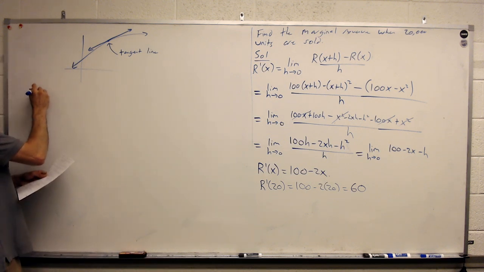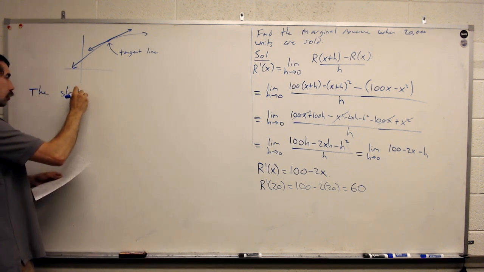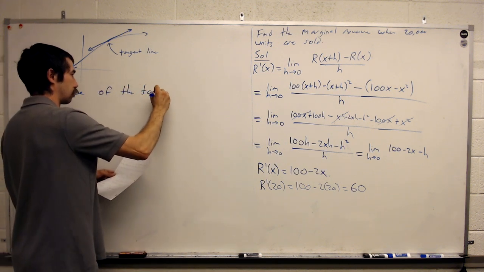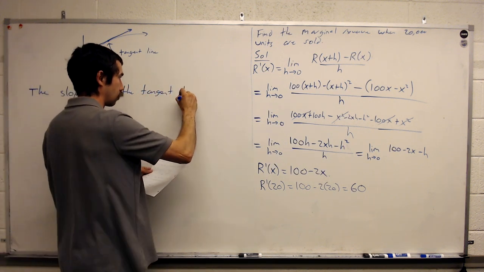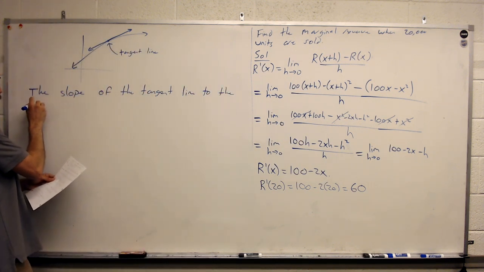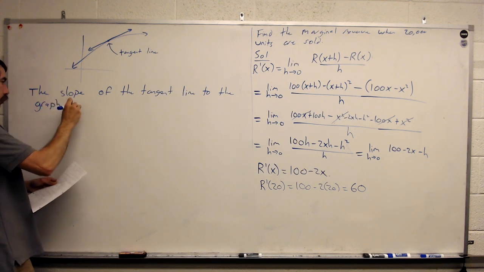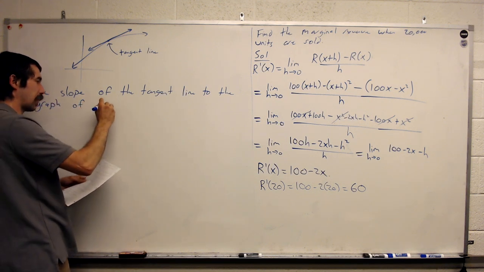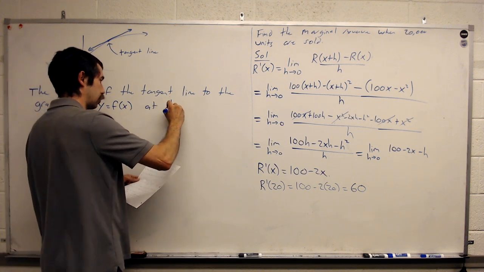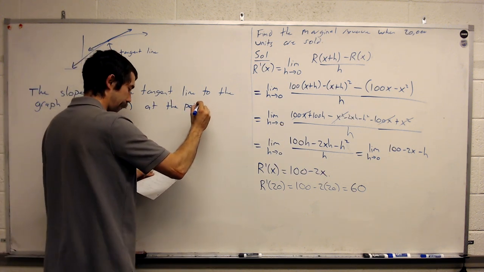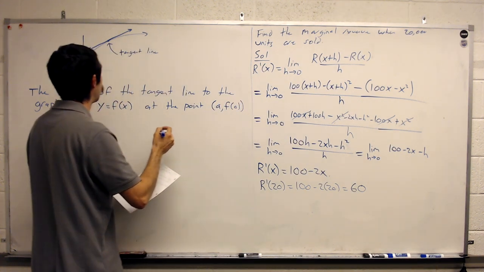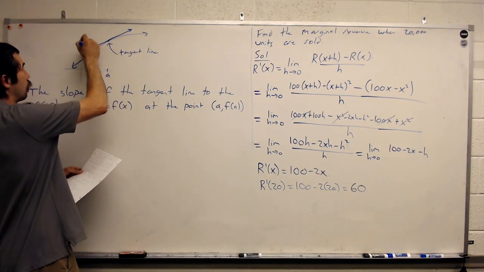All right, so the slope of the tangent line to the graph of y equals f of x at the point a, f of a. So this point would be at a, up here would be f of a.